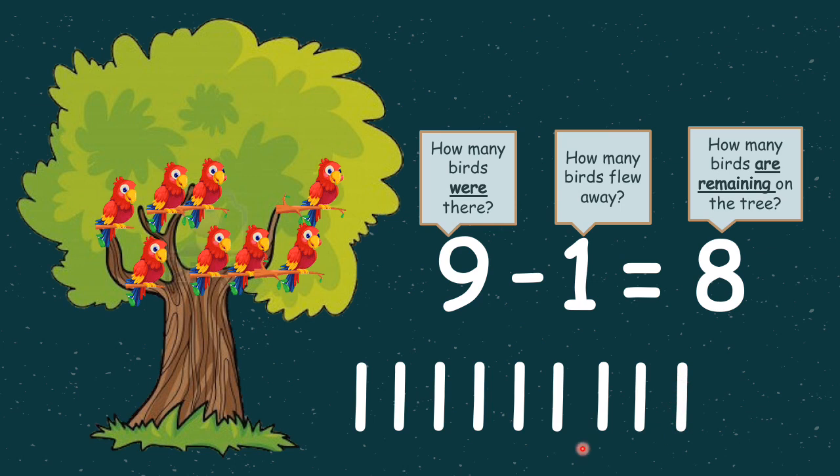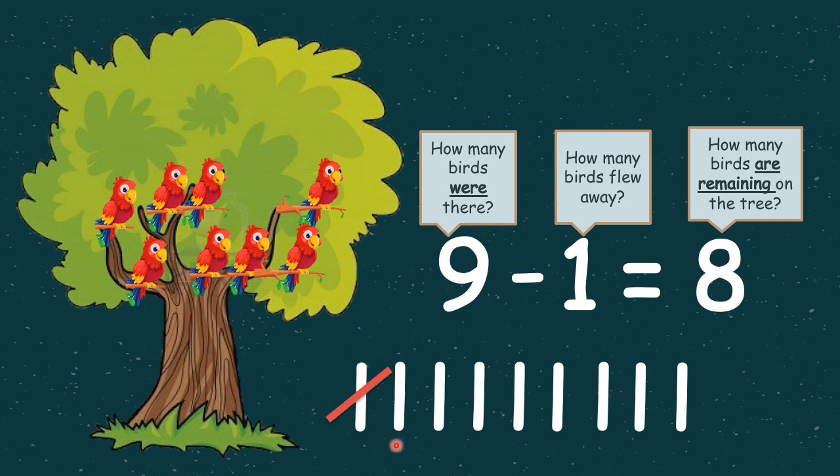So these lines indicate the number of birds. So how many birds flew away? Only 1 bird flew away. So what we will do? We will cross 1 line because 1 bird flew away. So we are crossing 1 bird. That is no longer counted.